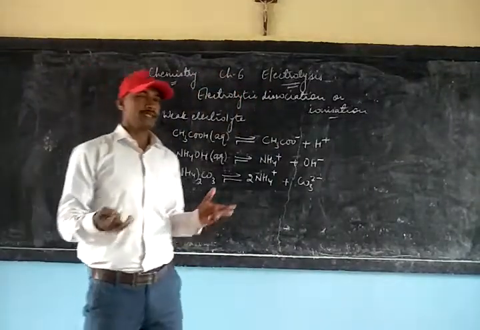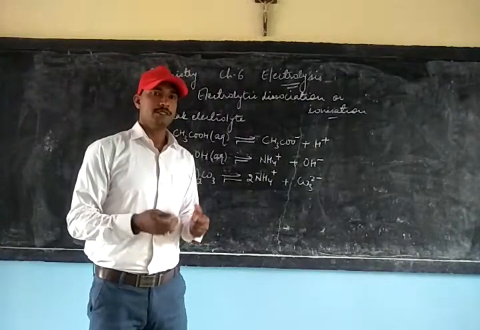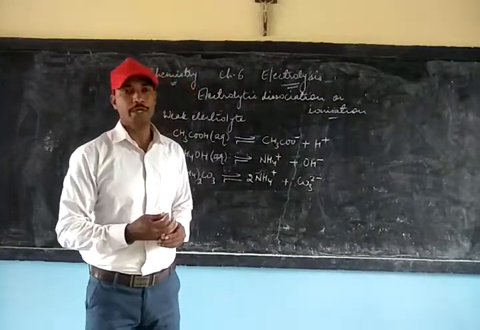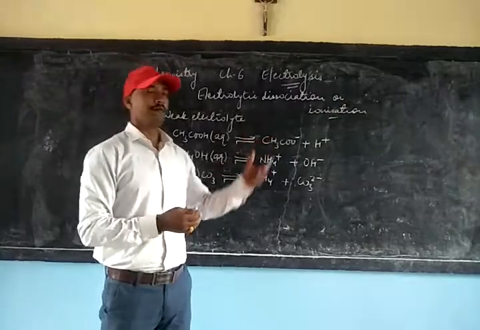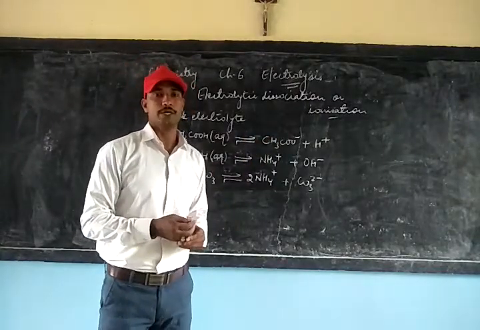And non-electrolytes, as you know, cannot decompose or ionize, since they do not allow the current to flow through them, so we cannot have any ionization or dissociation process for a non-electrolyte.